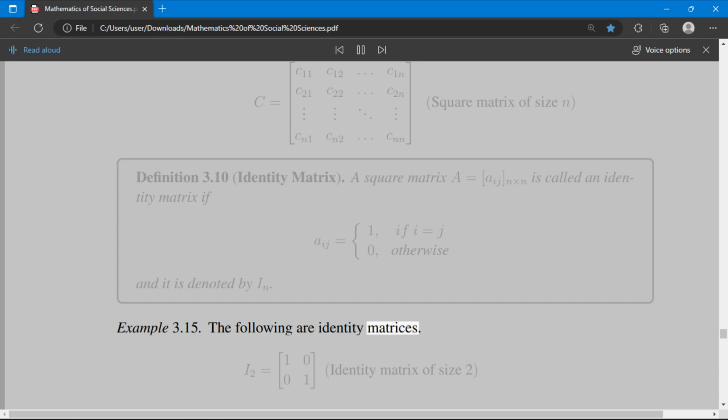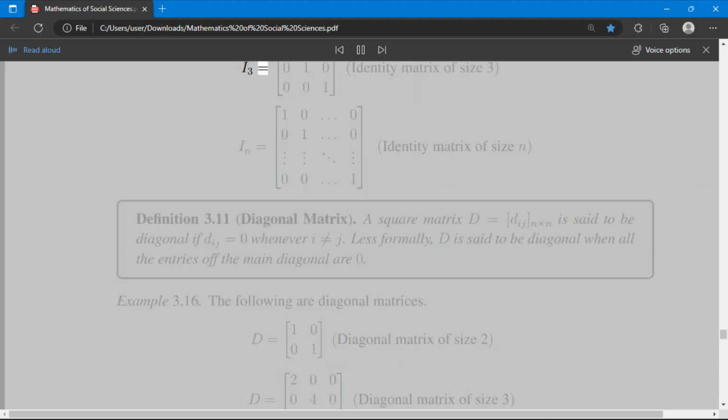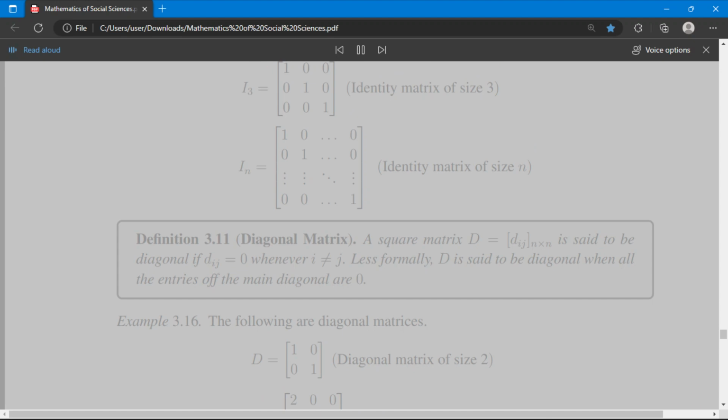Example 3.15. The following are identity matrices. I2 = [1 0; 0 1], identity matrix of size 2. I3 = [1 0 0; 0 1 0; 0 0 1], identity matrix of size 3.